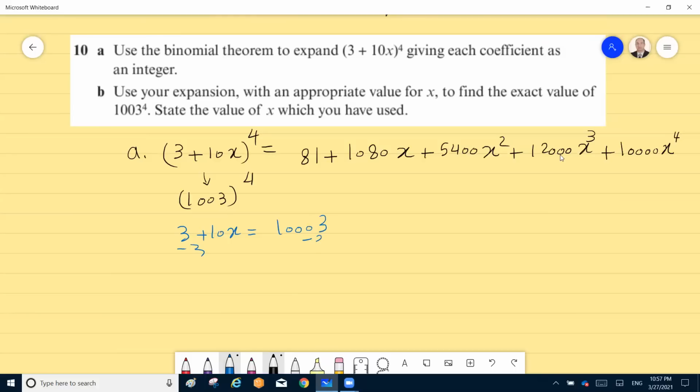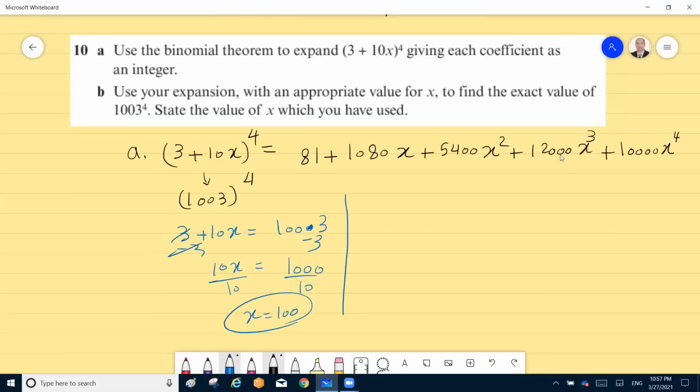Minus 3, minus 3. 10x now is 1000 only, because 1003 minus 3 gives you 1000. Divide by 10, of course. You get x is 100. So the x is 100 when substituting.